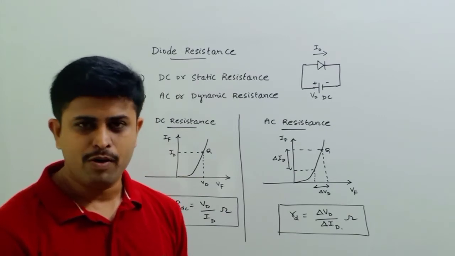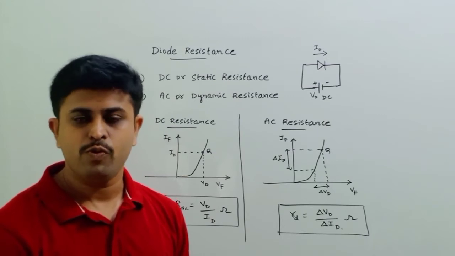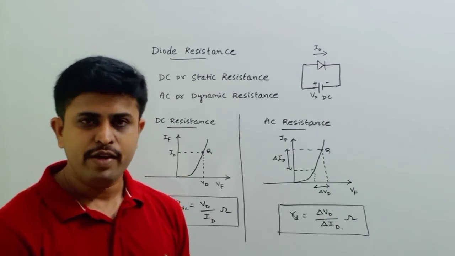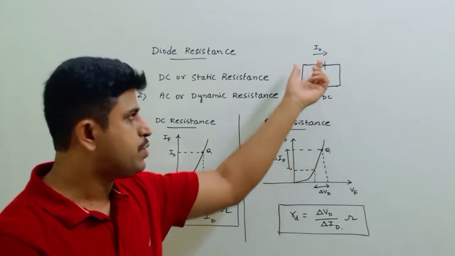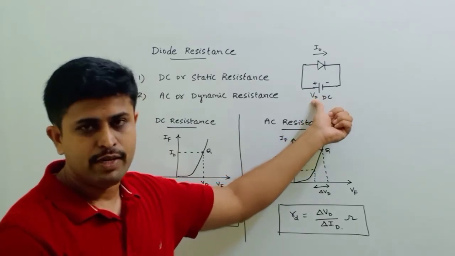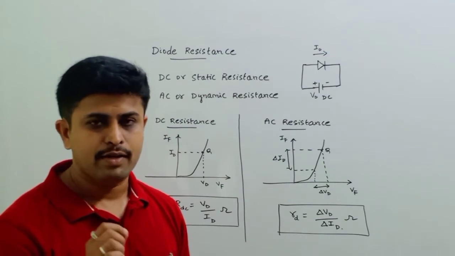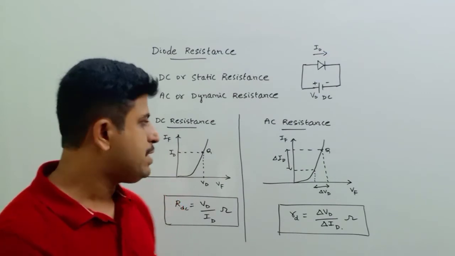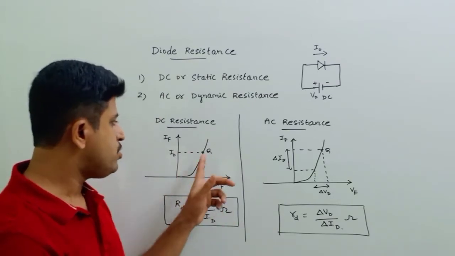So here the DC resistance is called a static resistance. Why? Because the resistance does not change with respect to time. If we connect a DC voltage to the diode, based on the voltage given here, we will be getting a fixed ID. That means you can see here, we have the operating point Q, which is not changing.